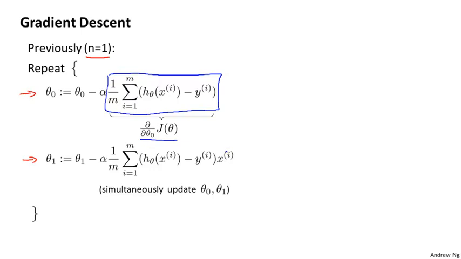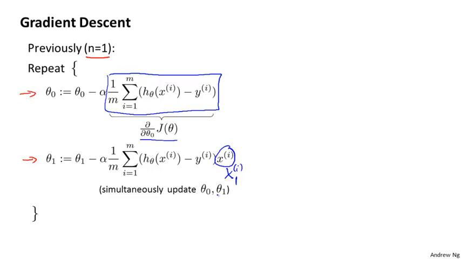When we had only one feature, we used to write x i for our one feature. Of course, we would call this feature x subscript 1 if we had only one feature. So that was the old algorithm for the case of one feature.